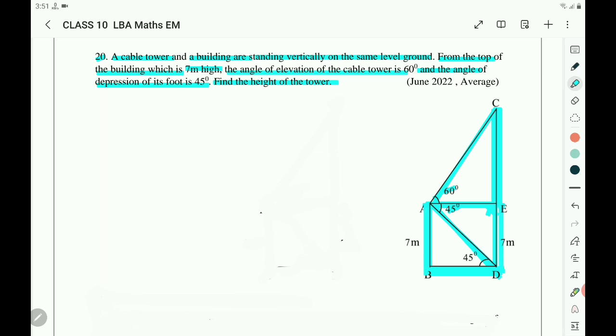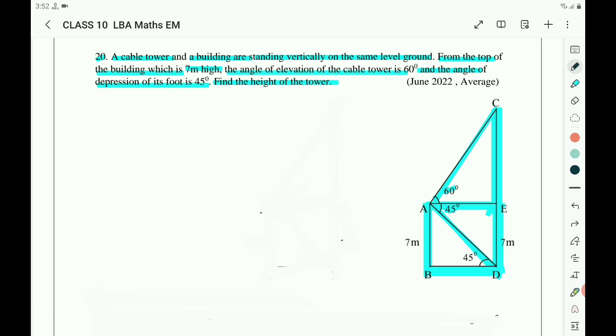AB and ED are equal, that is 7 meter. Which trigonometric ratio do we have to use? AE is the adjacent side and ED is the opposite side. Use the trigonometric ratio with the opposite side and adjacent side, that is tan theta.